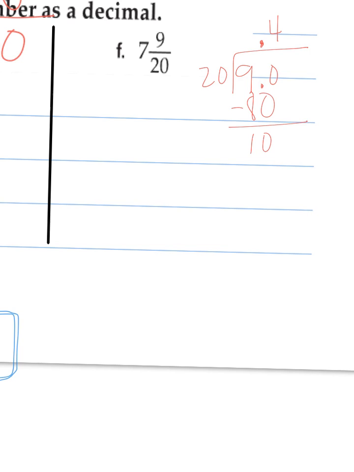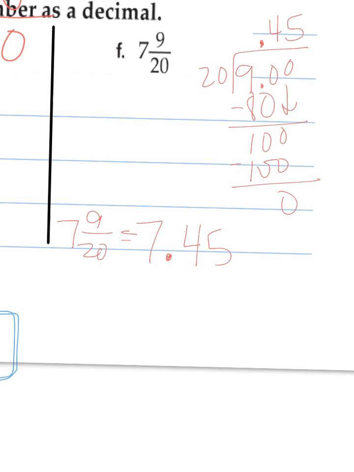Do my subtraction, add another 0. 20 fits into 100 5 times. Remainder of 0, so that is where we stop. So 7 9/20 written as a decimal: 7 stays the same. We found out that 9/20 is written as 45 hundredths, and there is our final answer.